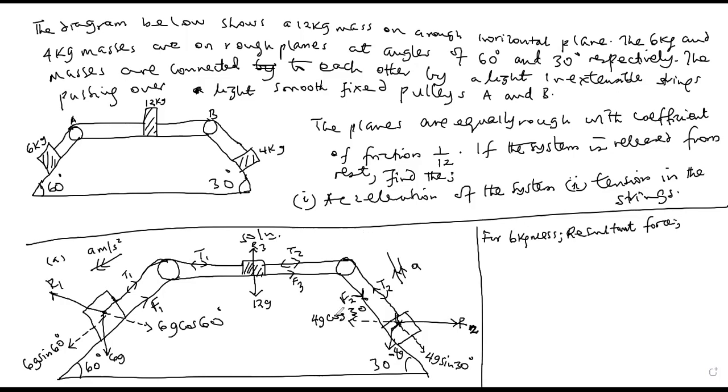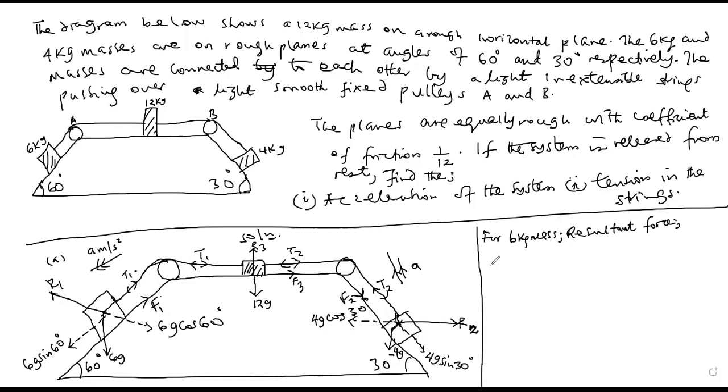The resultant force for the 6 kilogram mass, which is moving down. It implies that this 6G sine 60 is opposing these two. It is the heaviest force. It is moving the system downwards, meaning that it is counterbalancing the summation of these two, which are opposing.